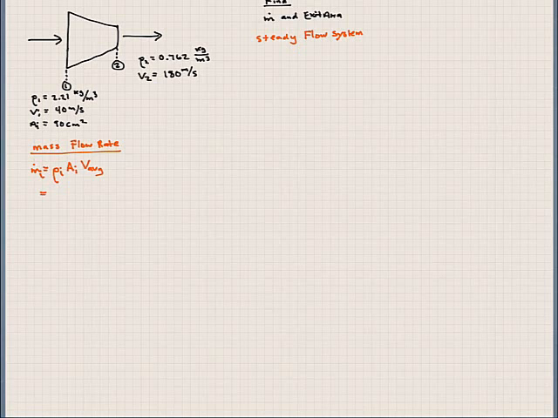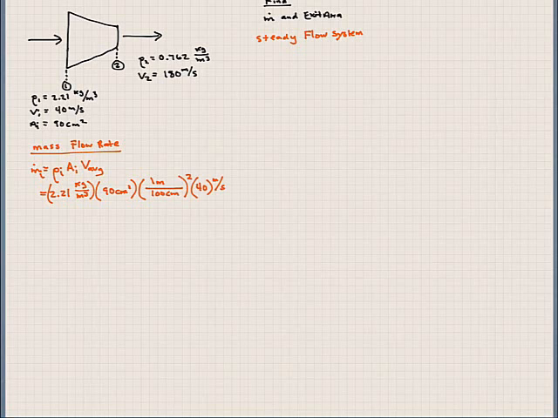Okay, so our density is 2.21 kg per meter cubed. Our area is 90 centimeters squared, and I'm going to go ahead and convert this centimeters squared to meters squared. And our velocity here is 40 meters per second.